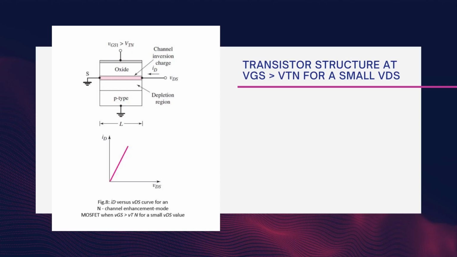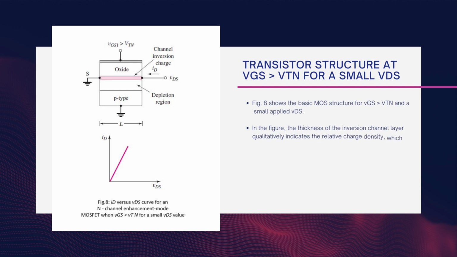So, first condition is when VGS is less than the threshold voltage. Second, when VGS is greater than the threshold voltage. The transistor structure at VGS greater than the threshold voltage for a small value of VDS: figure 8 shows the basic MOS structure for the gate voltage greater than the threshold voltage, and a small VDS is applied in the circuit.